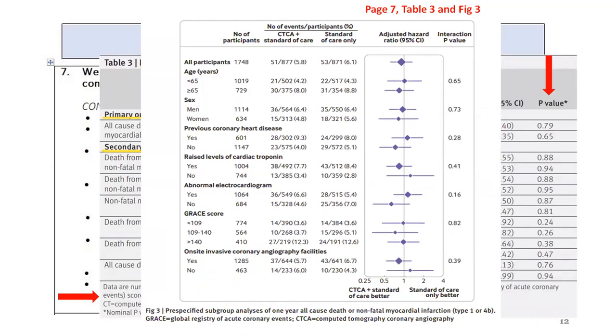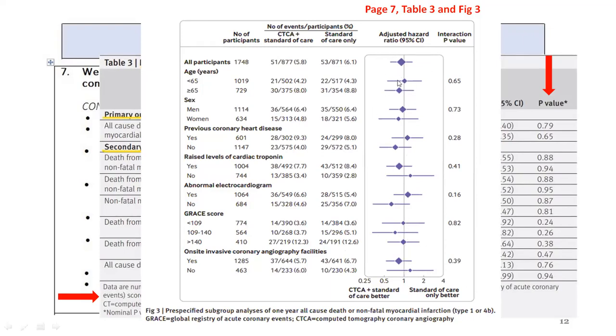For the plot, Suraj already explained a bit about this plot. For me, basically this is the line of no effect. For each and every section, like for age, it has crossed the line, so it says it is non-significant. If you see each and every point, they have crossed the line of no effect.